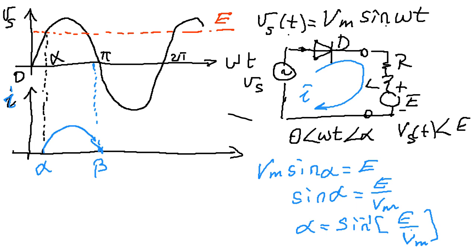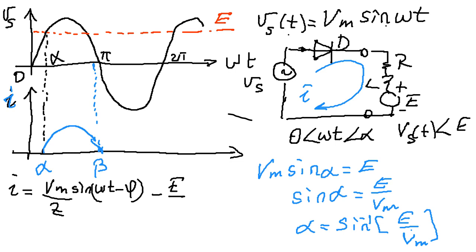Current is equal to I is equal to Vm over Z times sine of omega t minus phi, minus E over R, plus K times e to the power of minus t over tau.